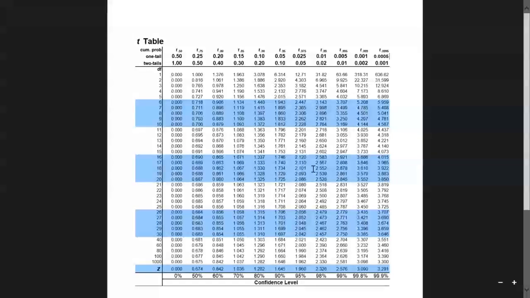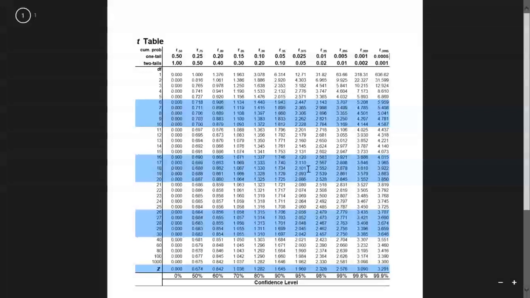For the second one, it's also n minus 1, so it's 9. When we put these two together, 9 plus 9 is 18. So we need the data in this row and in this column.